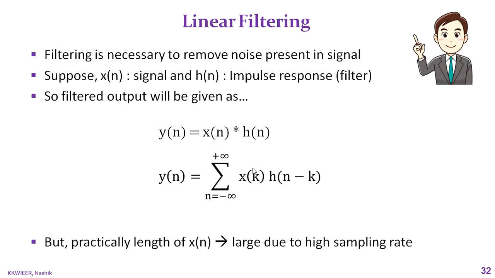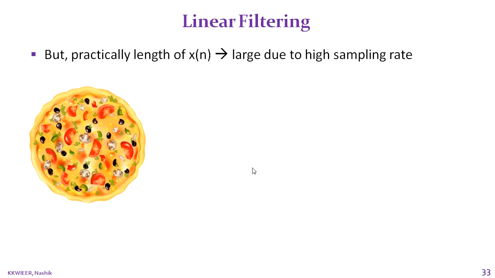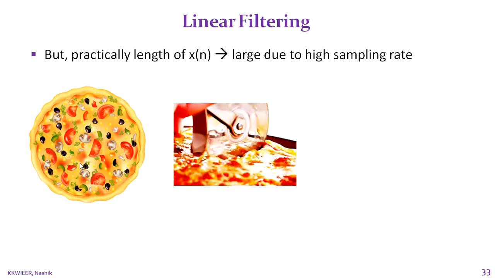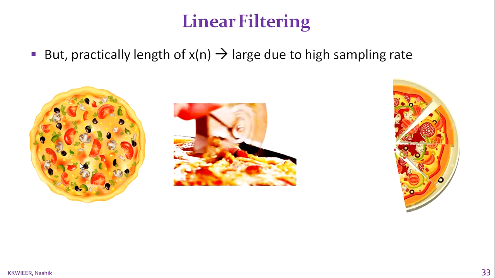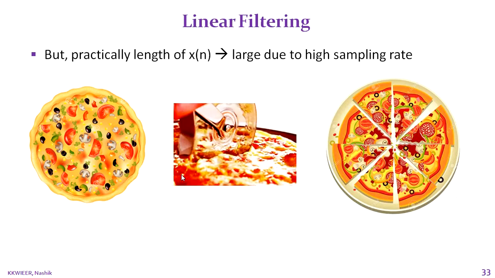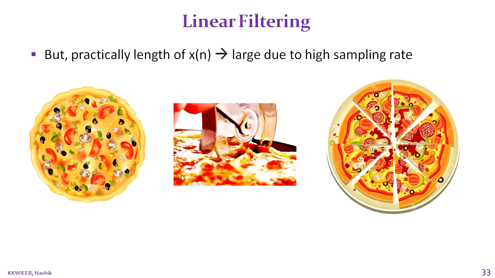Consider the example that you are eating a pizza. If you have one whole pizza, you cannot eat it at once. What do you do for that? You break it into pieces and then you can easily eat those pieces, right? Similarly, in this case also, the length of our input sequence x of n is very large.